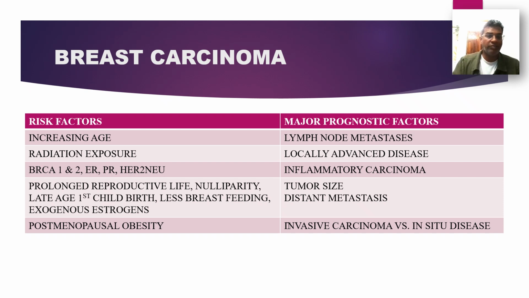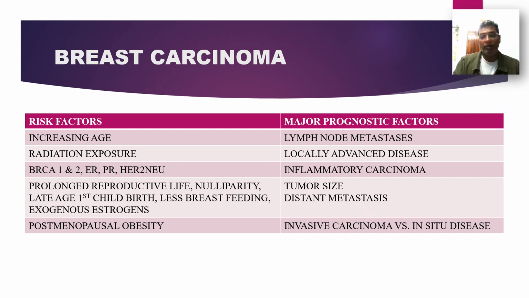Prior radiation exposure will lead to breast carcinomas. BRCA1 and BRCA2 are related to familial breast cancers. The presence of ER, PR, and HER2/neu receptors will show good prognosis, and ER, PR, HER2/neu negative, that is triple negative breast cancers, will have a poor prognosis.